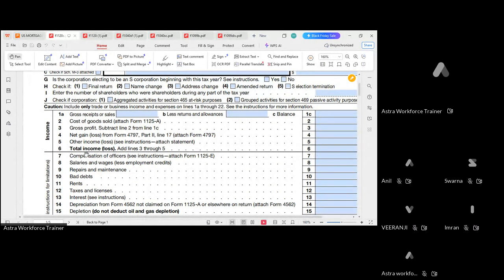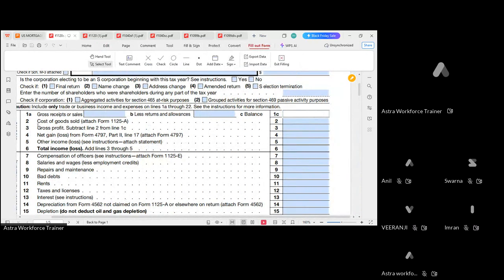Gross receipts or sales less returns and allowances; the balance will be line 1c. Then the cost of goods sold, and gross profit: subtract line 2 from line 1c. That means gross receipts minus cost of goods sold, and you will get the gross profit.